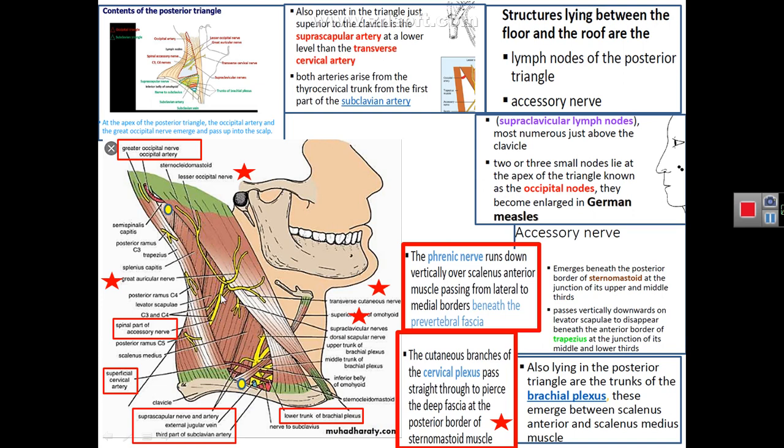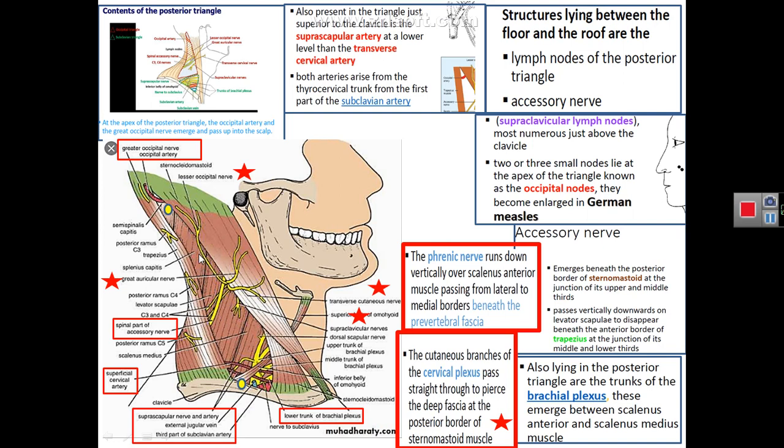First, because this key structure, the accessory nerve, indicates the muscle deep to it, which is levator scapulae. Second, surgeons consider that the region below the accessory nerve is a careful area because you have many vessels and nerves below it, while the region above the accessory nerve is a carefree area.